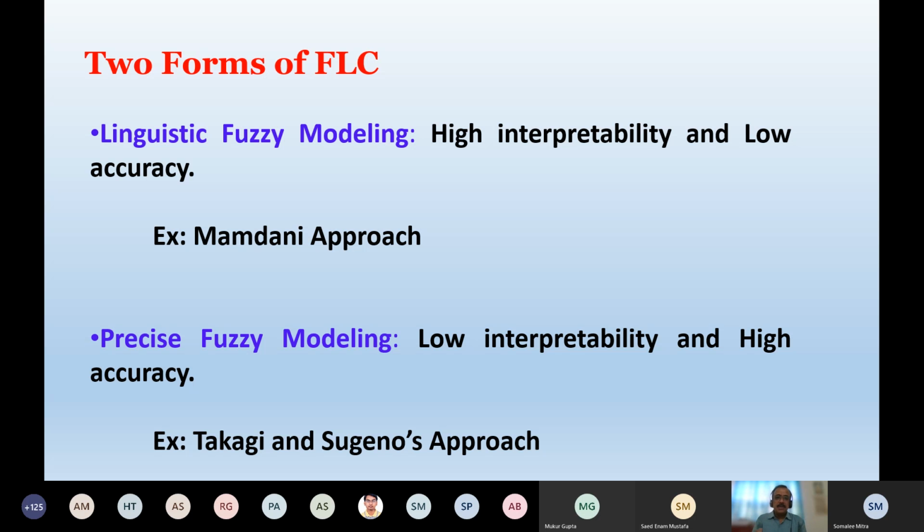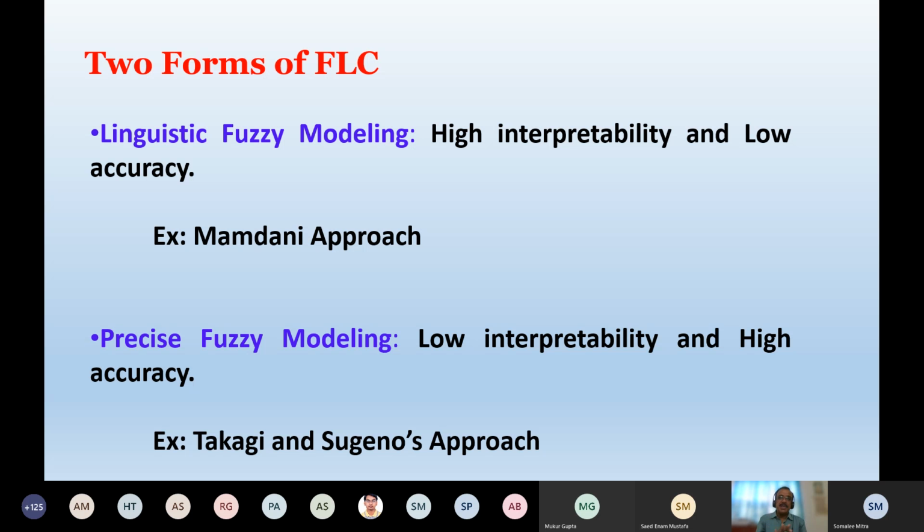Okay. So out of 16 rules, supposing that I'm reading out a particular rule: if temperature is low and humidity is medium, the angle of valve opening for the air conditioner is medium. The moment I read this particular rule, some control action comes to my head.